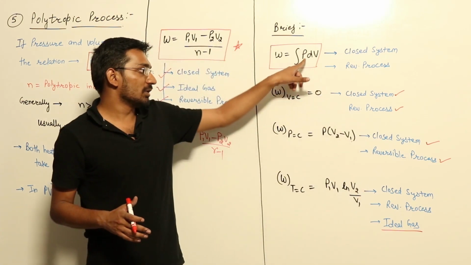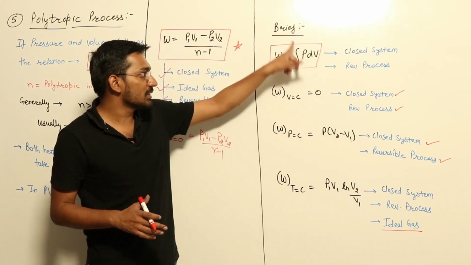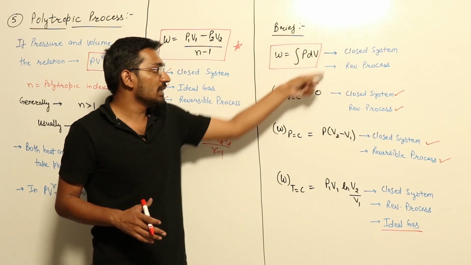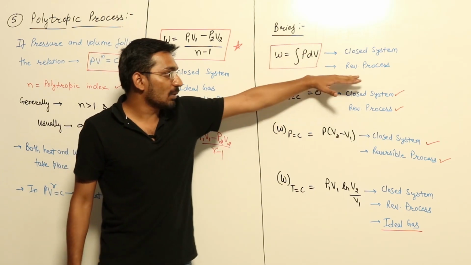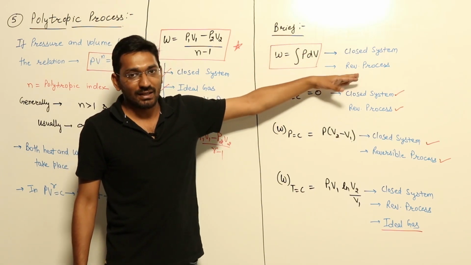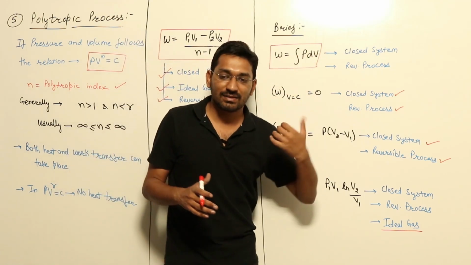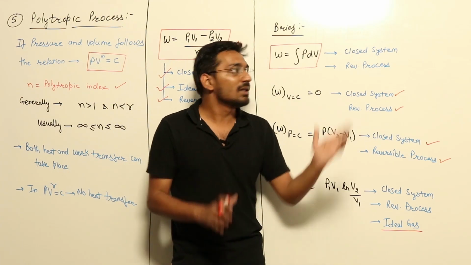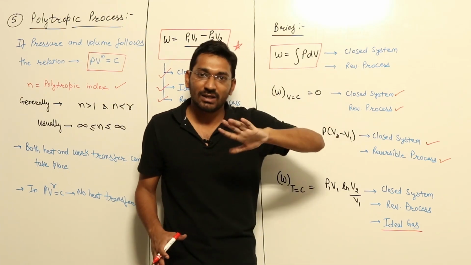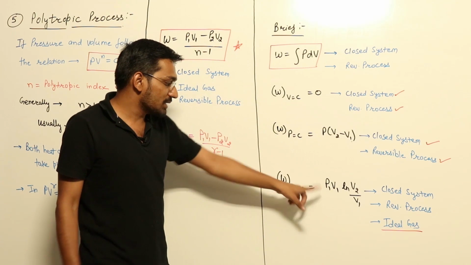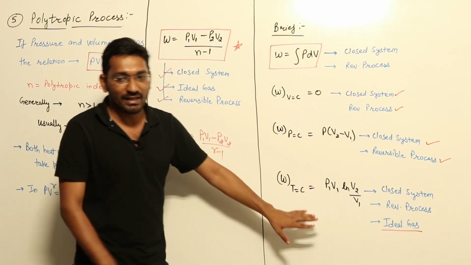We will do it with the help of the general formula, the integration of PdV, because it doesn't require the gas to be ideal. It is valid for all materials, be it air, ideal gas, hydrogen, nitrogen, be it anything. But the isothermal formula holds good only for an ideal gas.